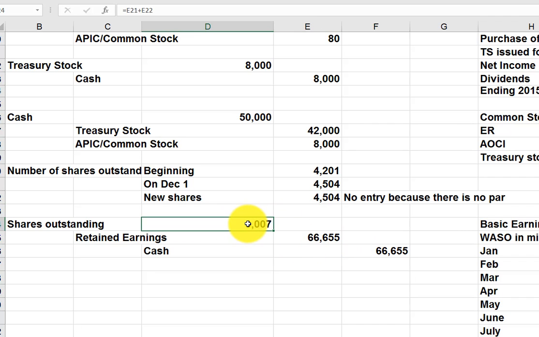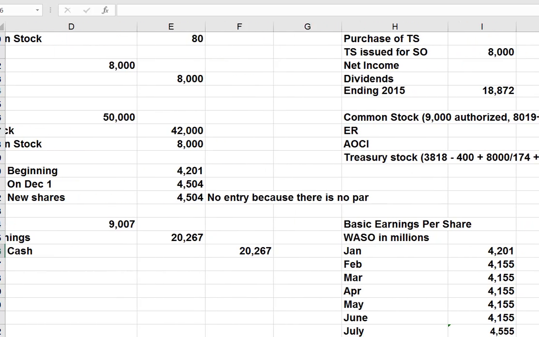That means our shares outstanding is double what we were because of the stock split, and we multiply that by the amount given for the dividend, $2.25 a share, which is incorrect on my spreadsheet. And there we go. We'll fix that. And you debit retained earnings, credit cash.